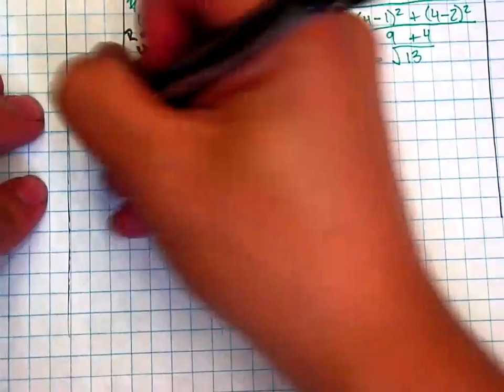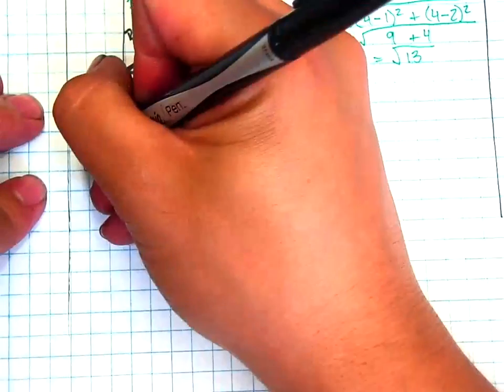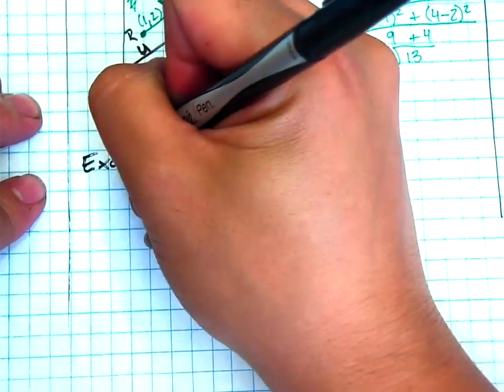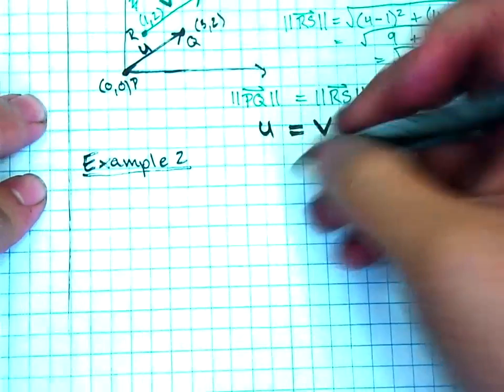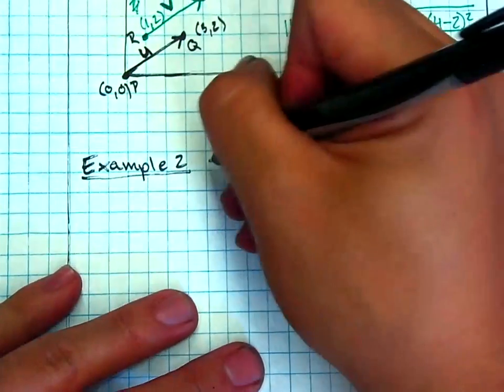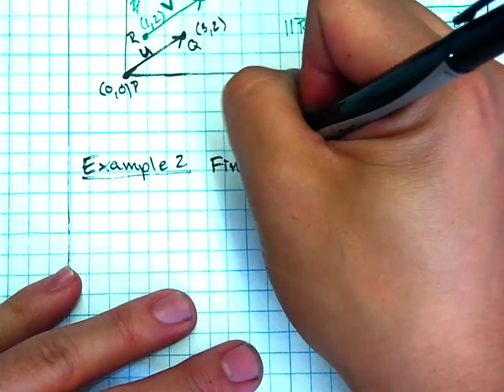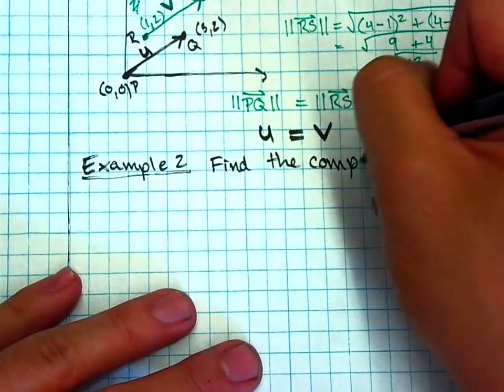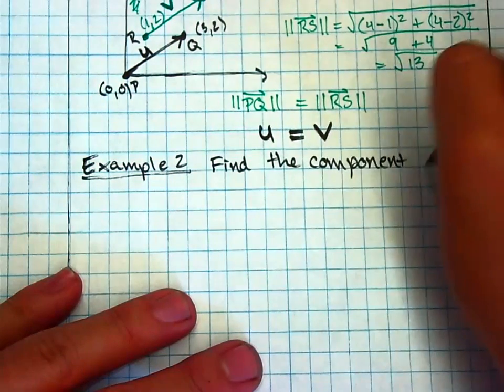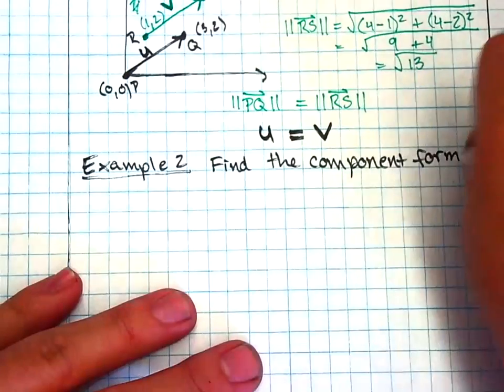Example 2 is going to be a lot of writing, but not that difficult. It asks you to find the component form of the vector v.